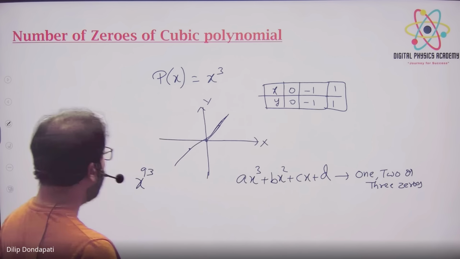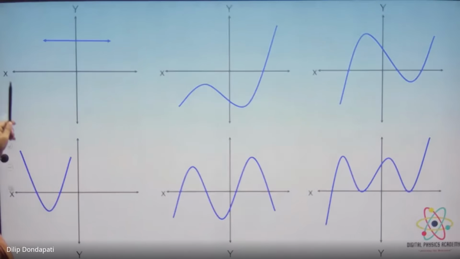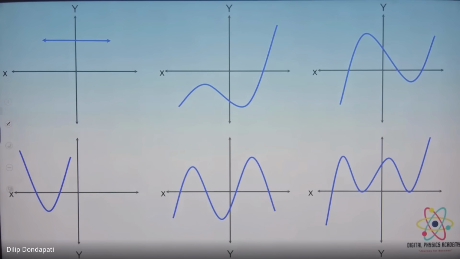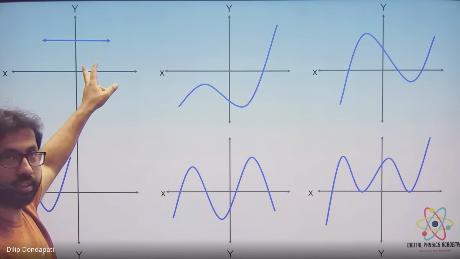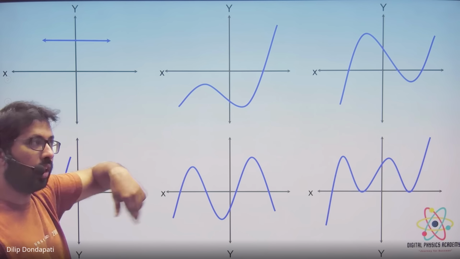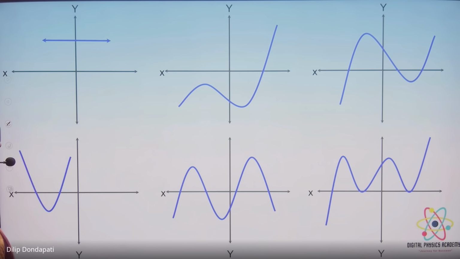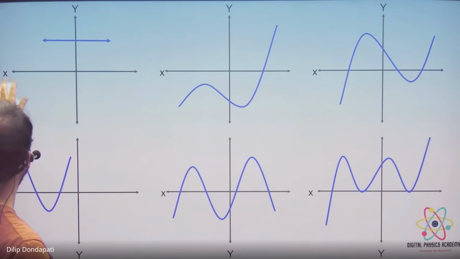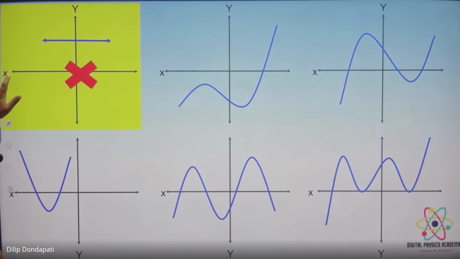Now tell me the answers: the number of zeros in the first case, second case, third case. First, Janvi. The first one is nil. No zeros. The second is 1.